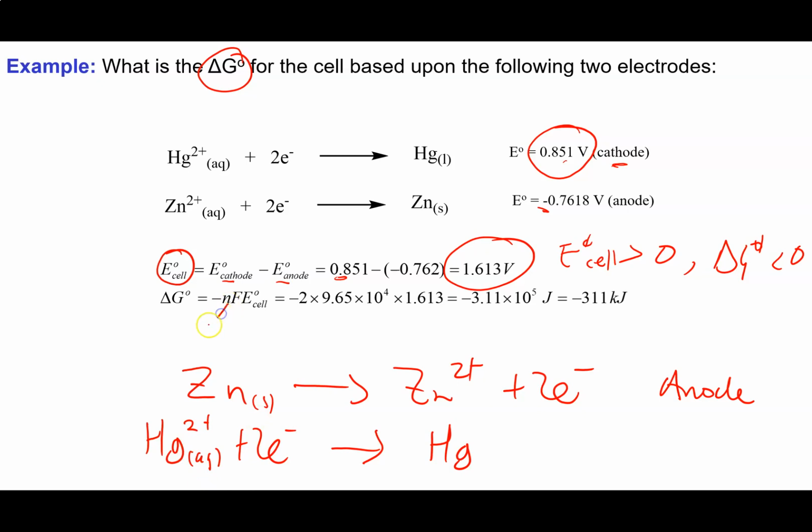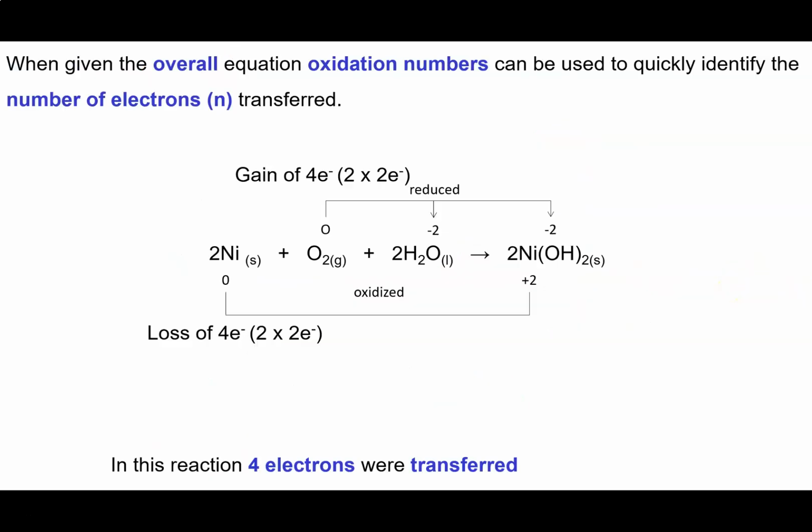So my n here will be equal to 2. So minus 2 times Faraday's constant, 9.65 × 10^4 coulombs per mole, times the standard cell potential, 1.613 volts, and that gives me -3.11 × 10^5 joules, or I can express that in kilojoules, and I'm happy because it's a negative number.